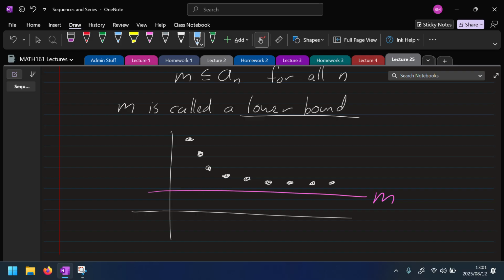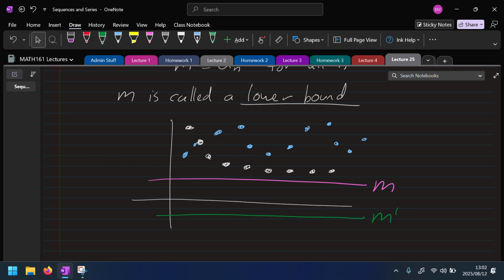We could also have something similar to what we had before. The blue one could just oscillate. And again, it never goes below that pink line, so it's bounded below. And like we did before, we can put in another line, m prime. If it doesn't go below the pink line, then it certainly doesn't go below the green line. And anything else below that are also lower bounds.